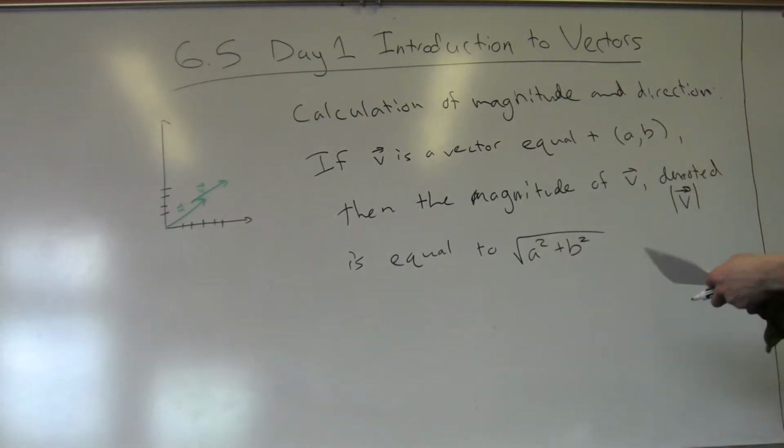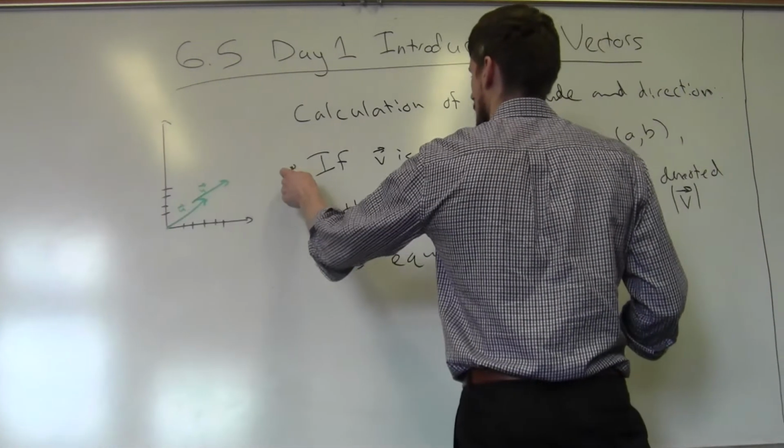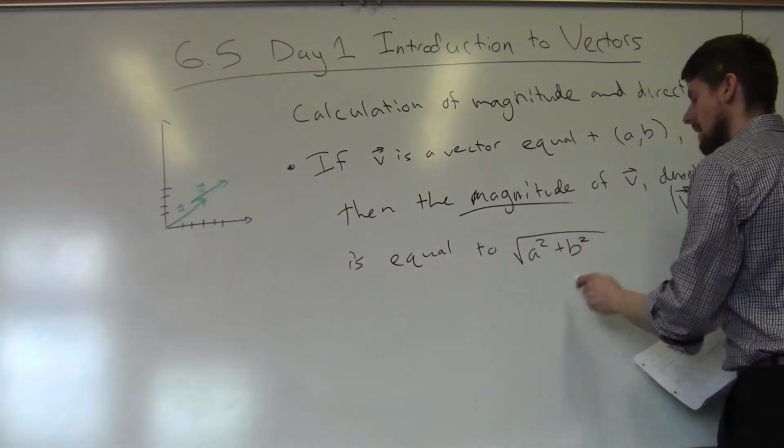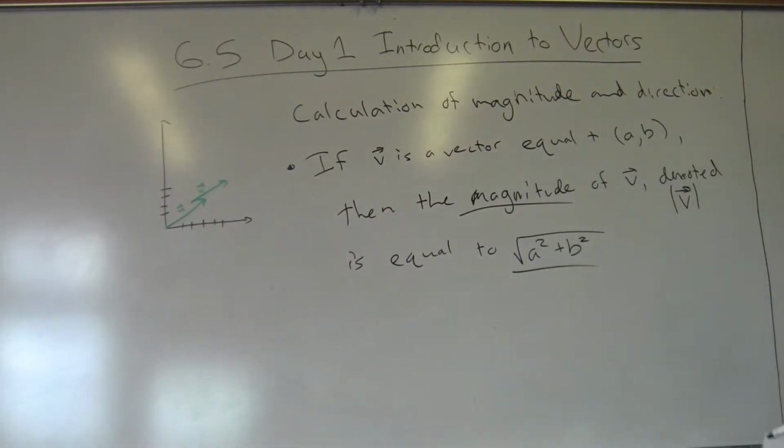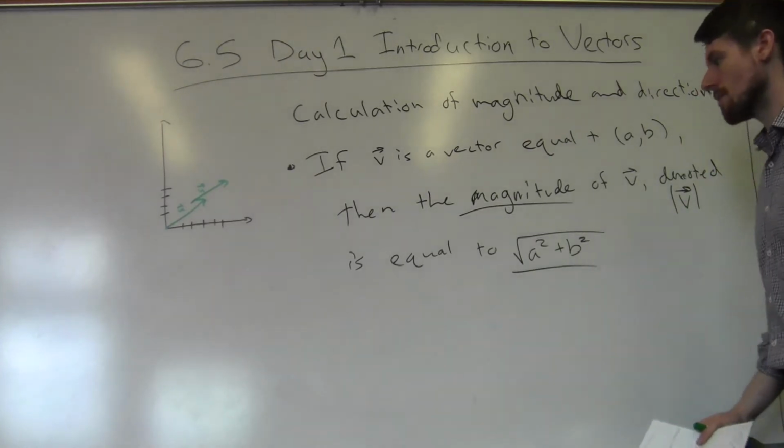I'll summarize this in a moment. So that's telling you how to find the magnitude. The magnitude is the square root of the sum of the squares of the coordinates. It comes from the Pythagorean theorem.